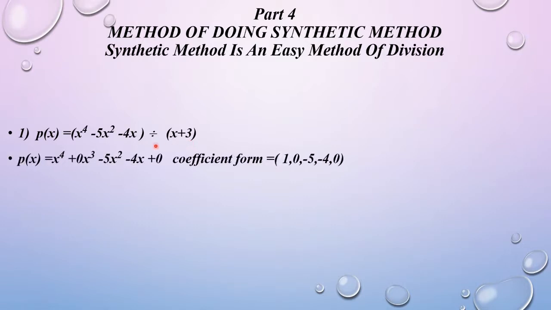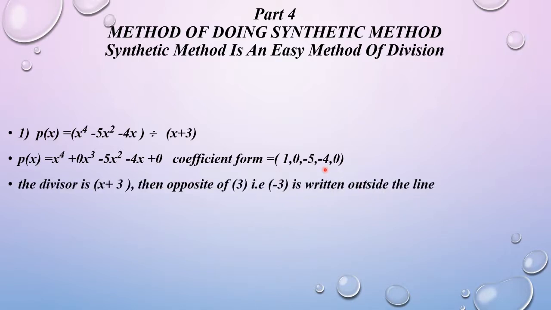Here, the coefficient form of P(x) we have to write with index is x raised to power 4 plus 0x raised to power 3 minus 5x raised to power 2 minus 4x plus 0. The coefficient form is 1, 0, minus 5, minus 4 and 0. The divisor is x plus 3.